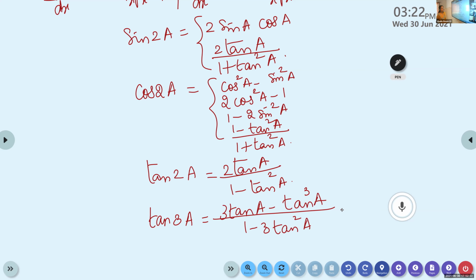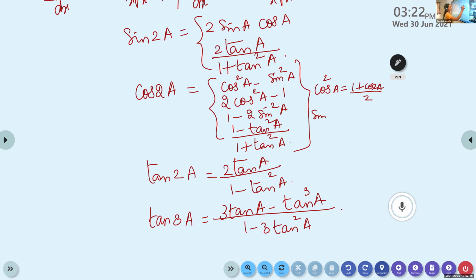Okay. Then from cos 2A, we are learning some additional formulas. What is cos square A? What you have learned?